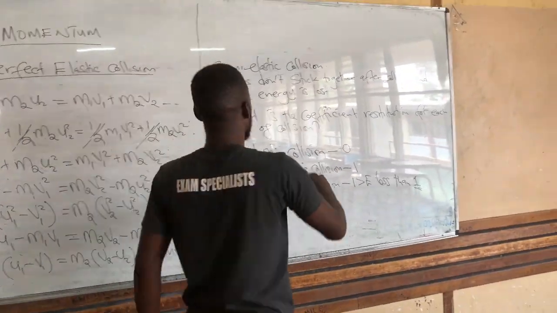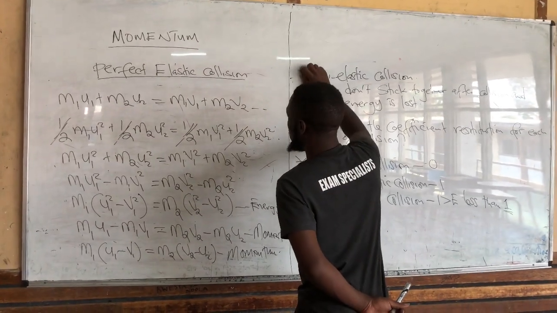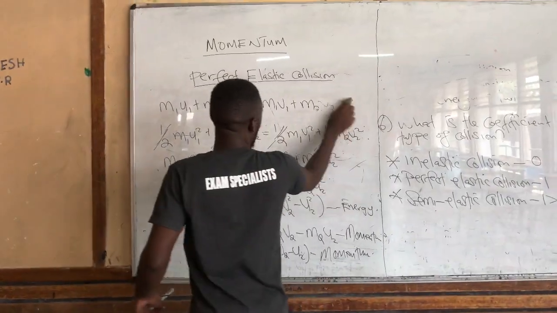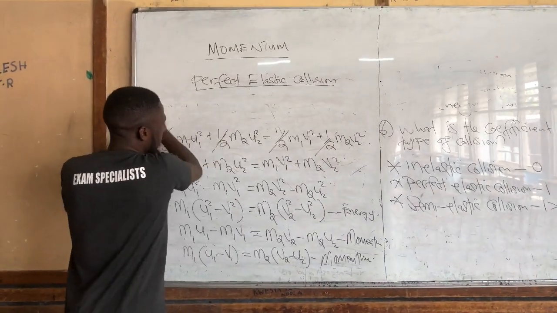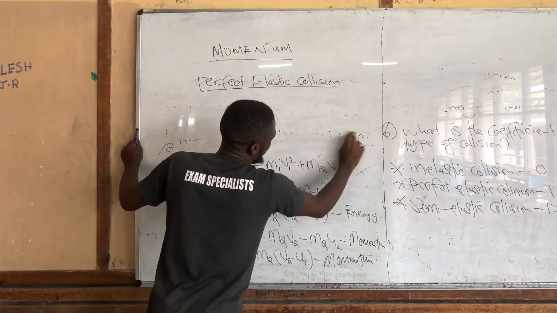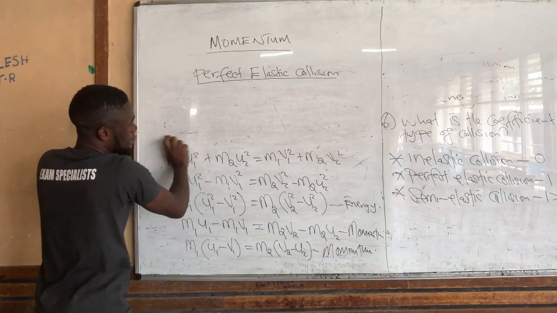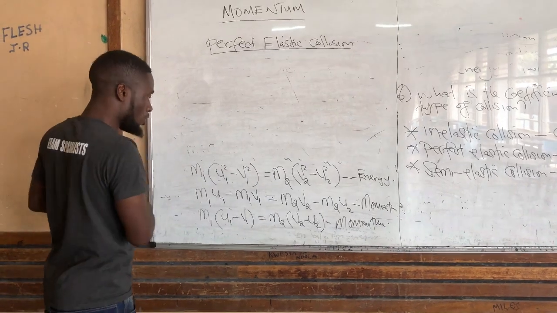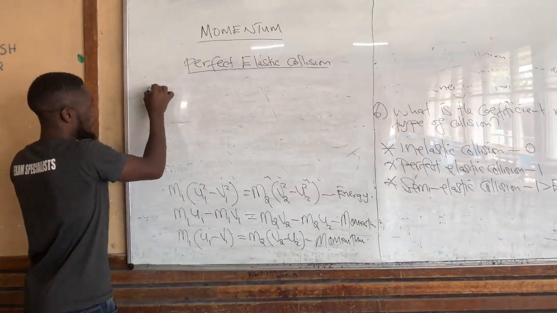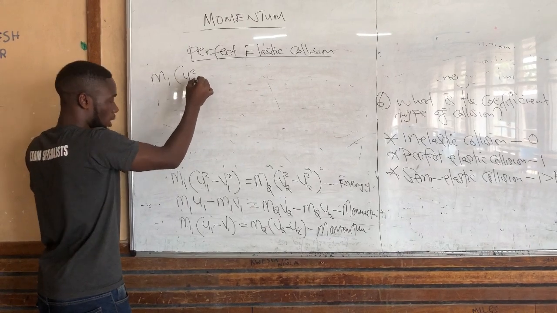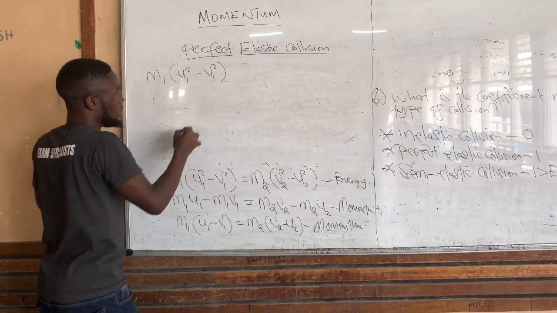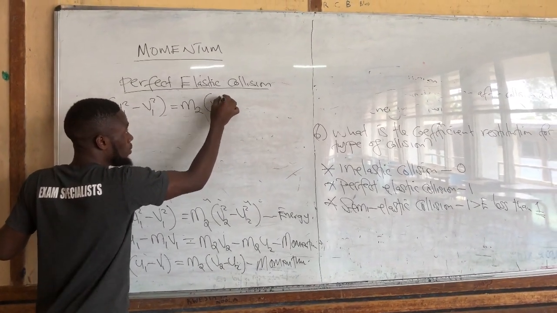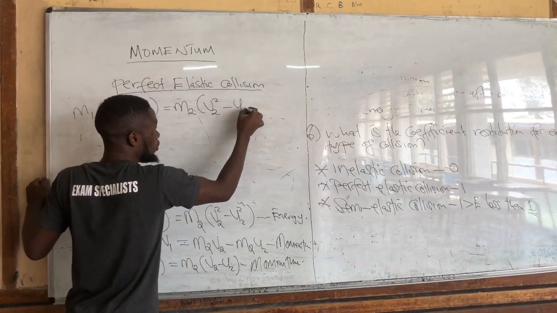So let's bring these two equations on top here and see how we solve them. The equation for energy is this one: M1 times (U1 squared minus V1 squared) equals M2 times (V2 squared minus U2 squared).